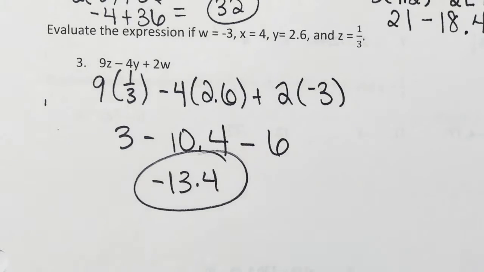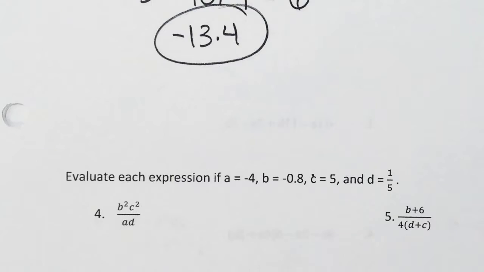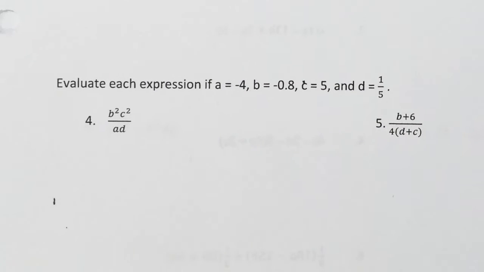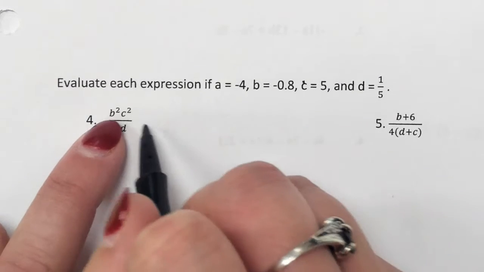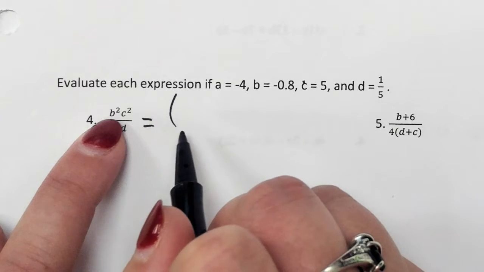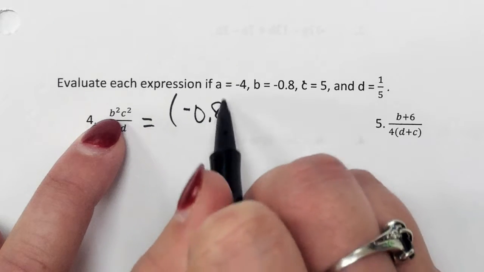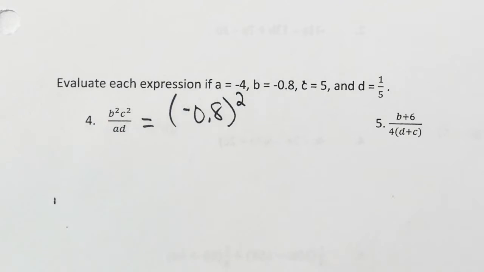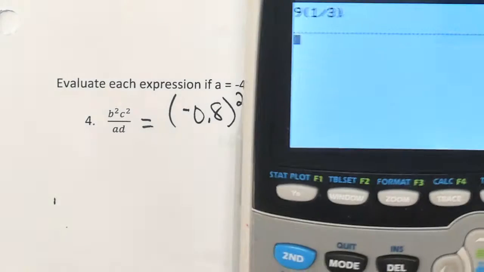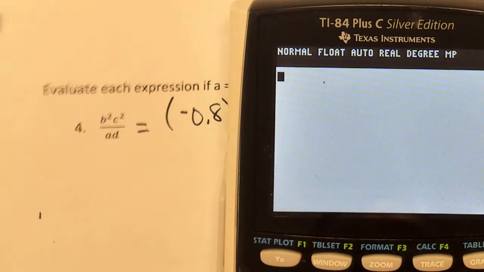All right, let's move down to number 4. This is where I'm talking about if you use your calculator wrong, it's going to give you a wrong answer, okay? So, b squared. What's that going to be? Squared. Very nice. Do you notice how I use parentheses? Let me show you something. You ready? All right, watch.